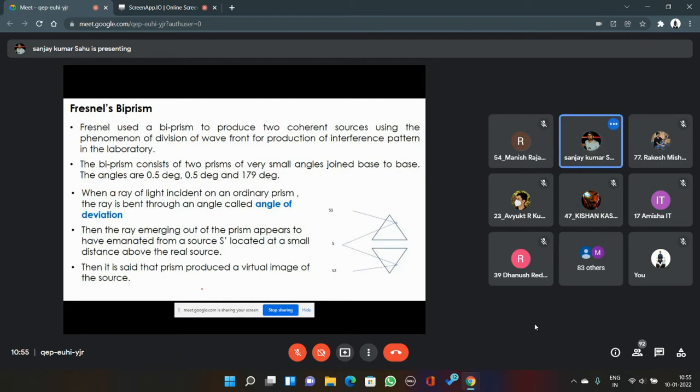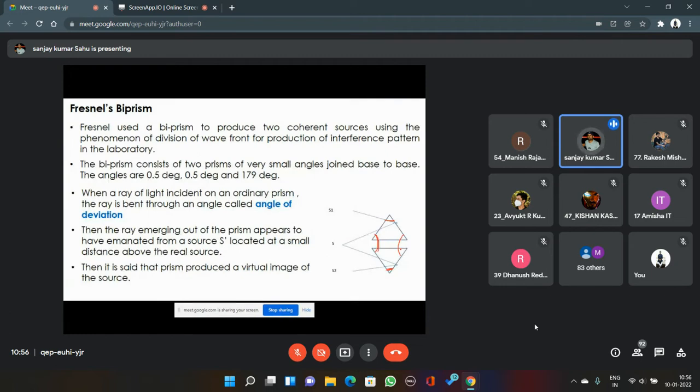The acute angle of the biprism is very small, like 0.5 degree each. This is a prism and this is a prism, and the acute angles of these two prisms are around 0.5 degree, whereas the obtuse angle, after joining, is 179 degrees.